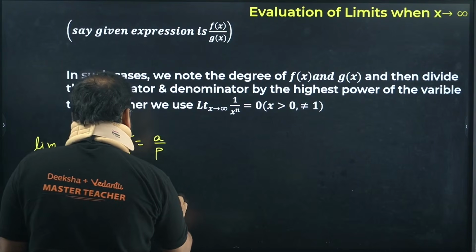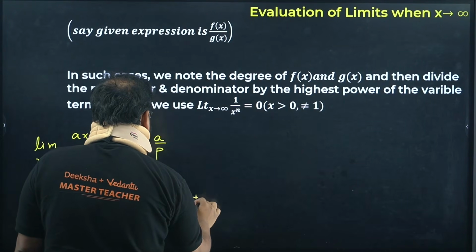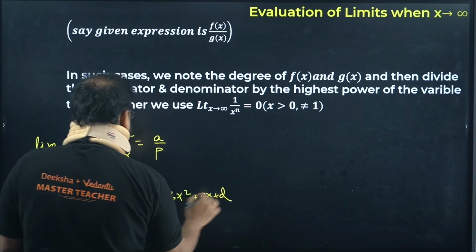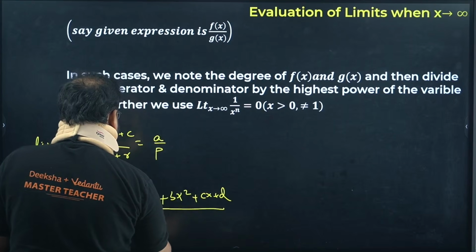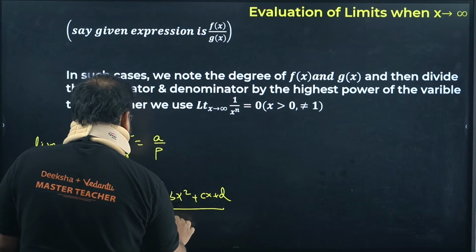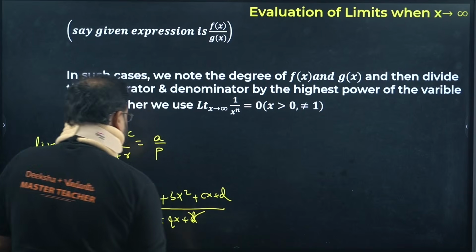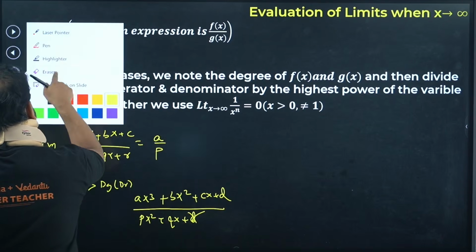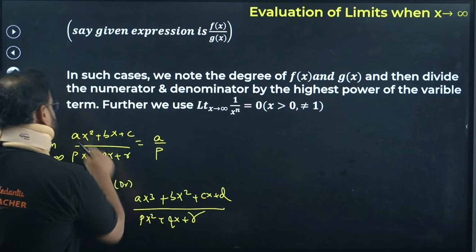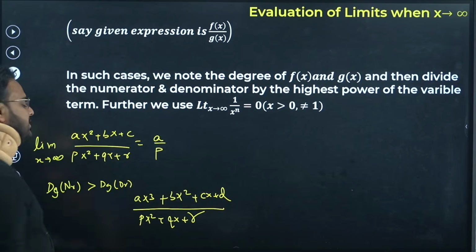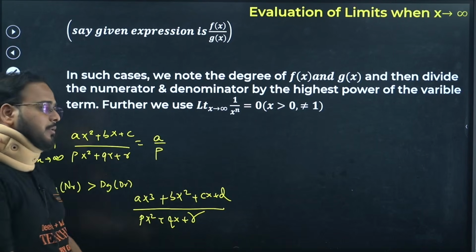We have ax cube plus bx square plus cx plus d, and over here we have, let's say, px square plus qx plus r. Yes, if you have this form, please check.